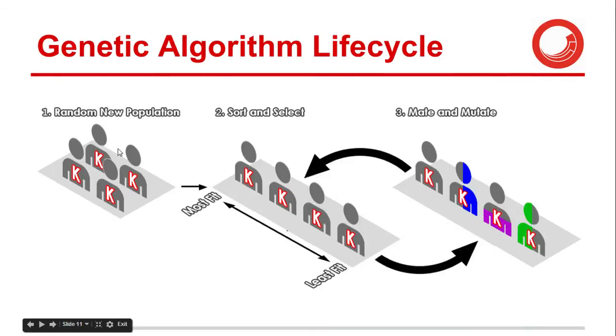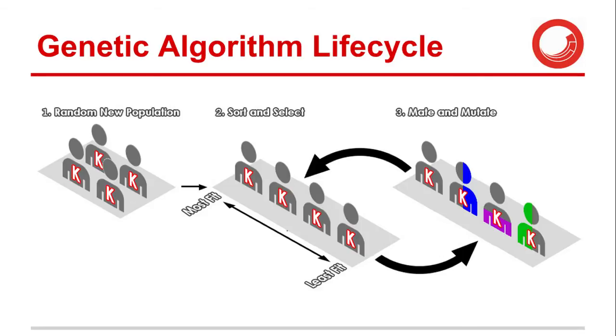So the genetic algorithm lifecycle starts where you create a new population. You sort and select your karyotypes, so you pick your most fit, and that's what we're choosing here to display. And then when it's finished, it starts this cycle, and it does a mate and mutate, which is the evolution cycle.